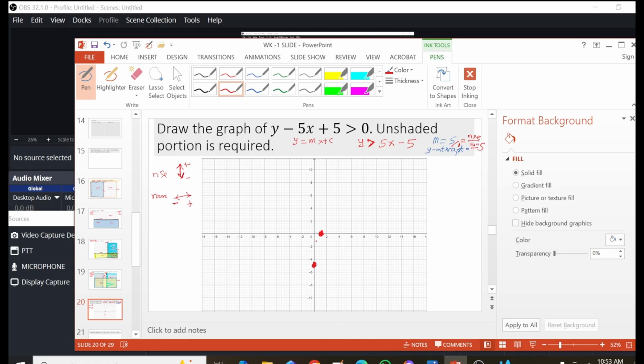That's 5 up, then 1 to the right. That's 5 over 1, my slope is 5 over 1. That's rise over run.